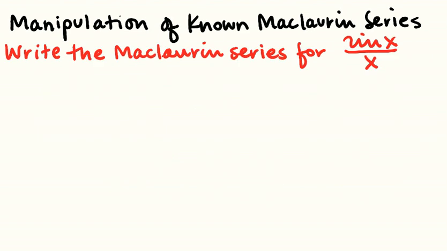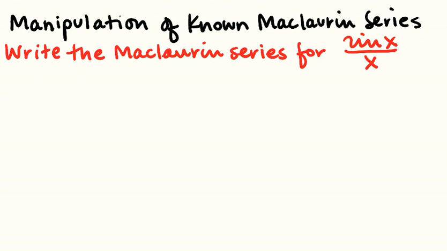Next, write me the Maclaurin series for sine x over x. Now this one's a little different because I'm not replacing x with anything. So start with what you know. We don't know a Maclaurin series for 1 over x. We do know a Maclaurin series for sine of x.